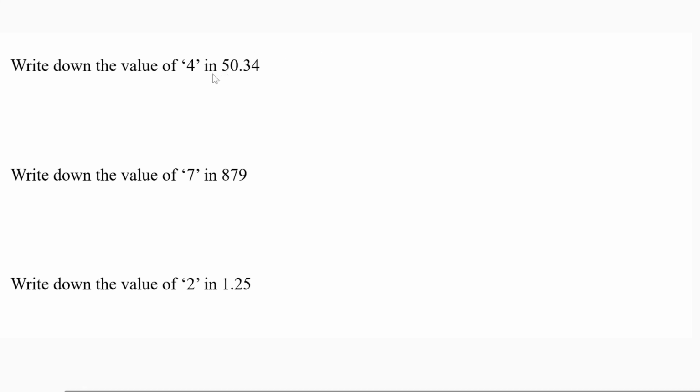For the first question, we need to write down the value of 4 in the number 50.34. Now this number has a decimal, so again, same process as before, we're just going to split up this number and label each digit. So as we discussed earlier, the first number after the decimal will be a tenth, which is 1 over 10. The second number after the decimal will be a hundredth, 1 over 100.